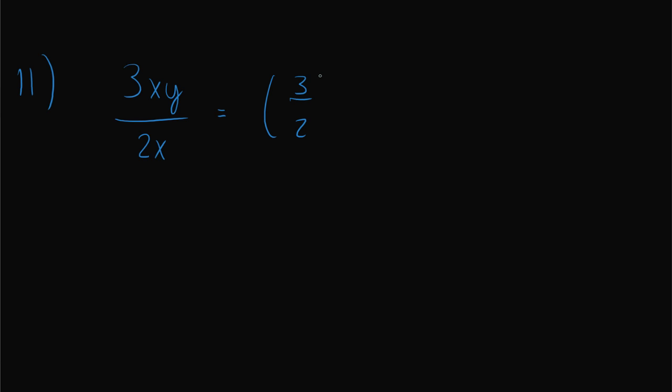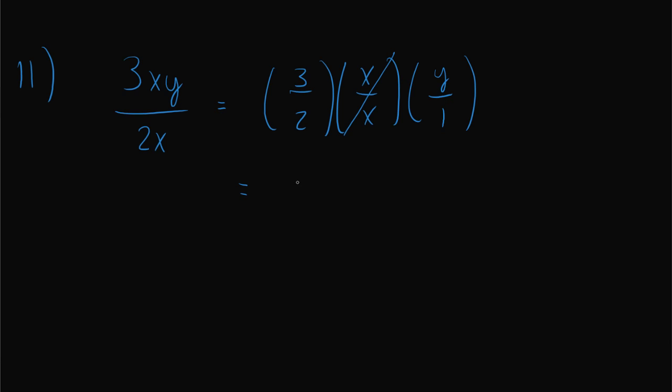I'm going to write this as 3 over 2 times x over x times y over, there was nothing there, so you can write it as over 1. Hopefully that made it easier to see that we have x over x. When you have any number over itself, that's just 1. So I'm going to cancel the x over x, and this becomes 3 over 2.